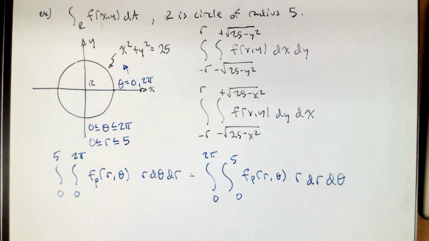One thing that should happen is that if we integrate the function 1 dA, then we should get the area of the region. So integrating the function 1 should give us the area.